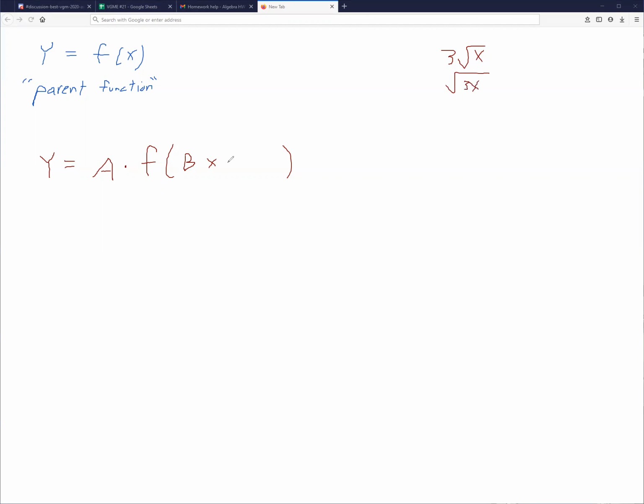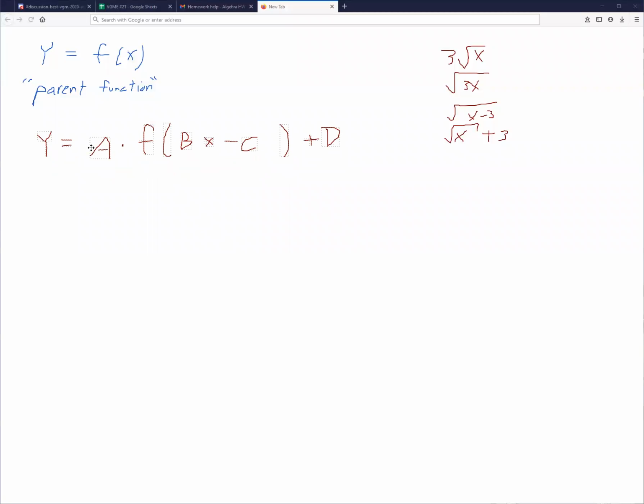Or what happens if we added or subtracted a number, like square root of x minus 3? Or what if we randomly added a number on the outside, square root of x plus 3, like that. So these are all examples of what I mean by A, B, C, and D, and they all represent different things that will happen to the graph.